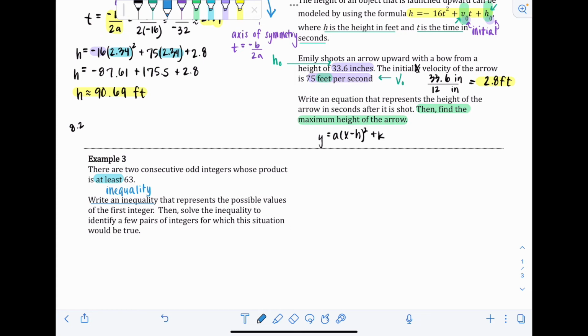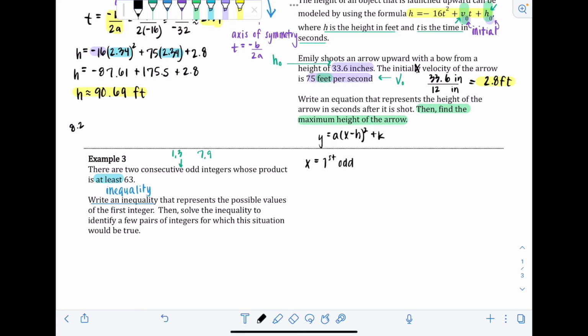So, two consecutive numbers means 2 numbers back to back. Examples of 2 consecutive odd integers would be 1 and 3, or 7 and 9. So we can write the second one in terms of the first one. I'm just going to use x. So I can say x is the first odd.